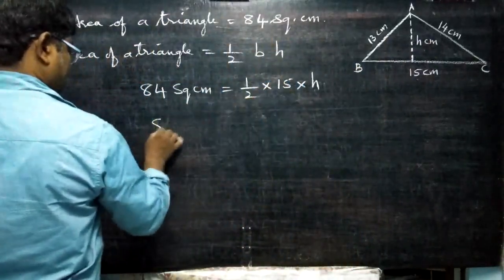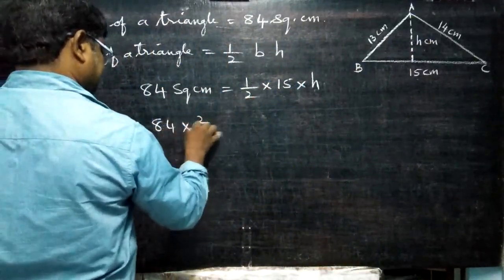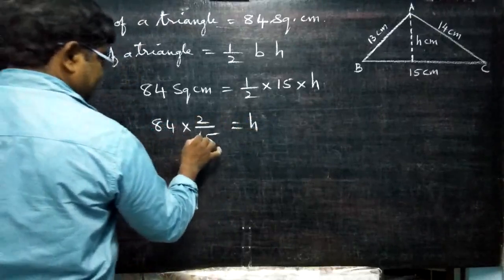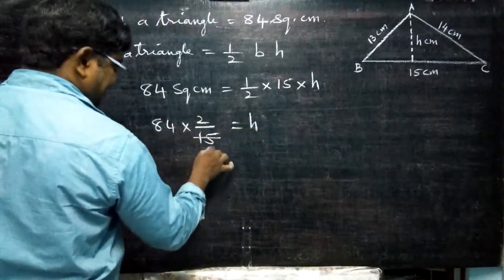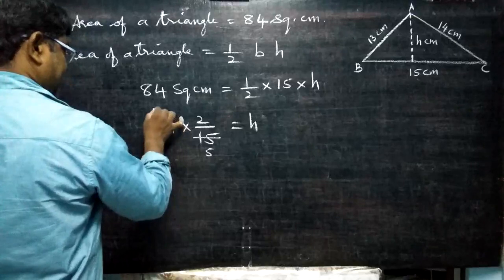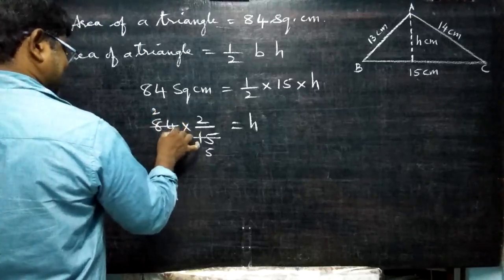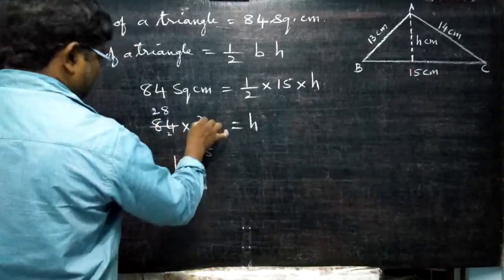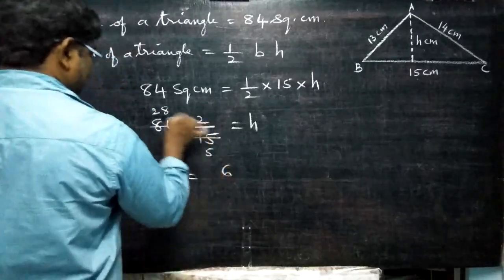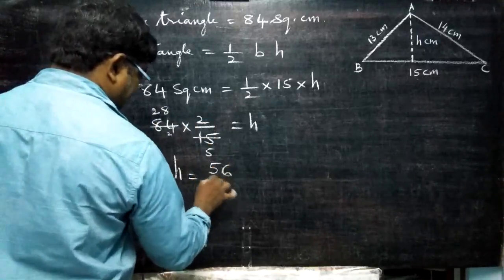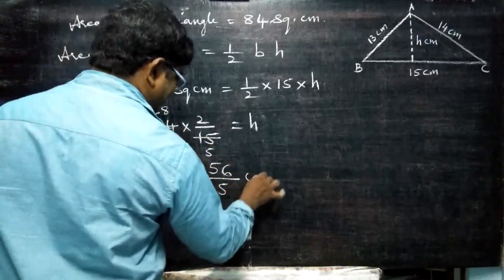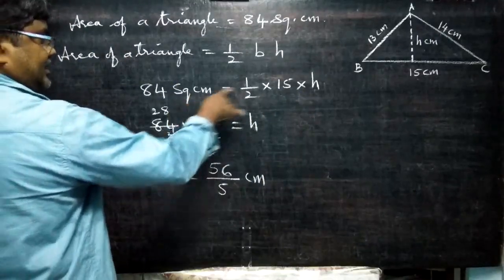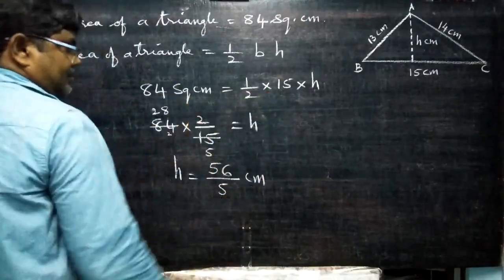15 by 2, reciprocal 2 by 15, is equal to h. Now 3 twos are 6, 3 eights are 24. Now h is equal to 2 eights are 16, 2 twos are 4, 56 by 5 centimeters, because 1 centimeter will cancel, 2 centimeters are there, centimeter to centimeter, 1 centimeter will remain.